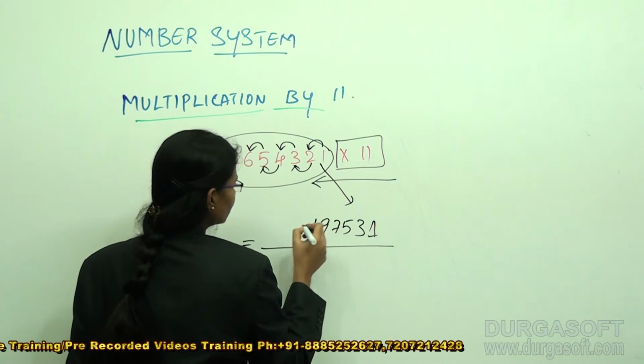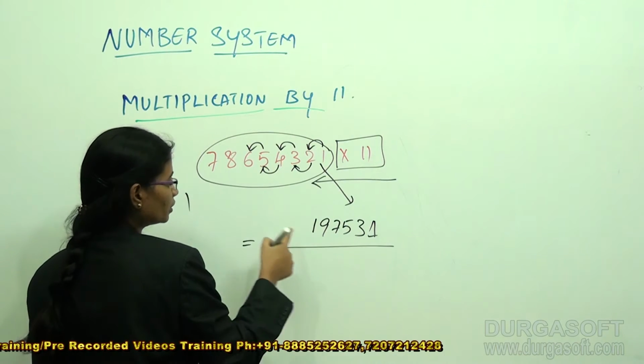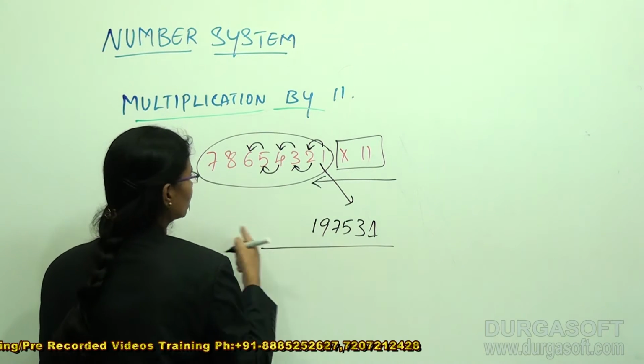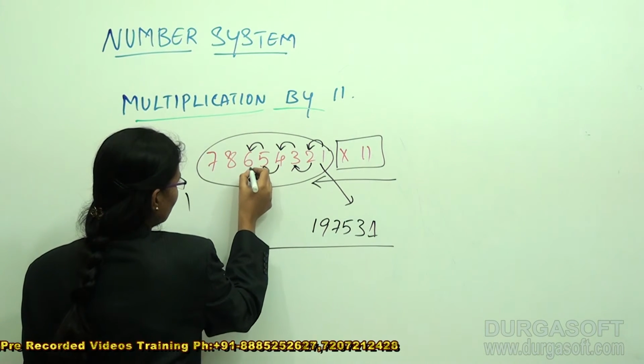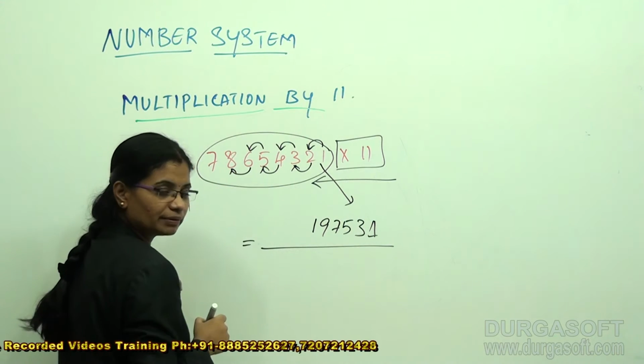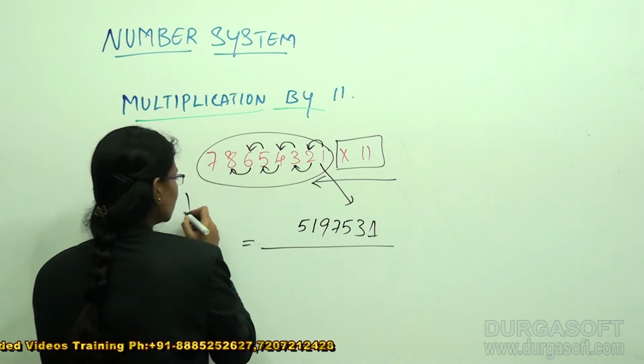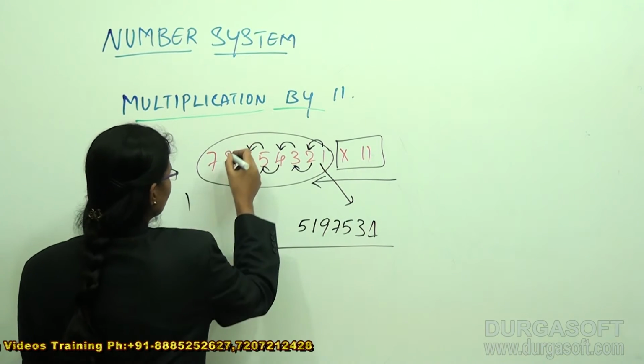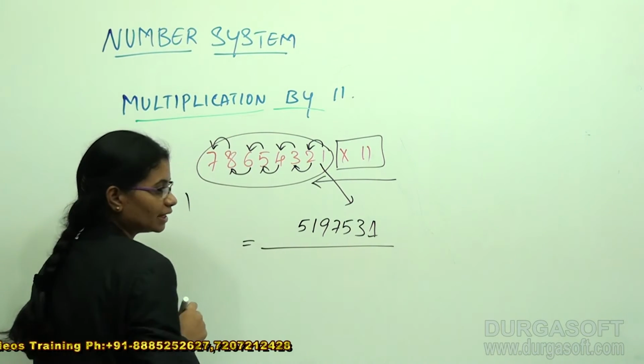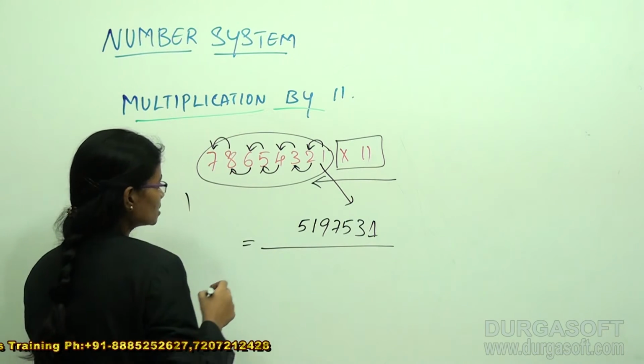So just write 1 here, keep 1 in mind. We should not write 11 here. And next, if you add these 2, you will get 14 plus 1, 15. So write 5 here, again 1 in mind, right?